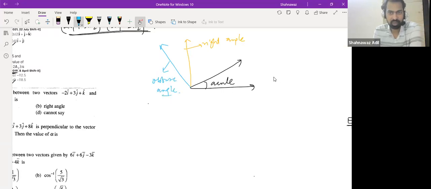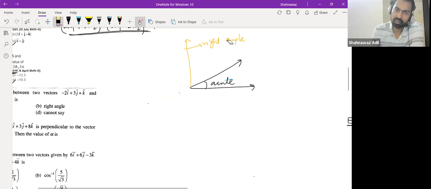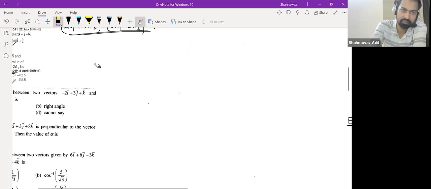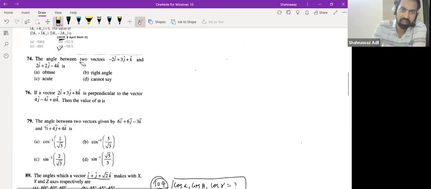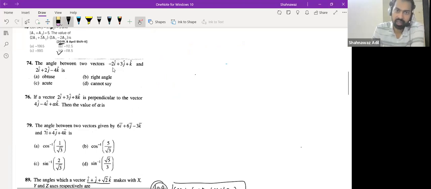This we already know. So keeping this in mind, let us solve the expression. The angle between two vectors, this one and this one, is obtuse, right angle, acute, cannot say.